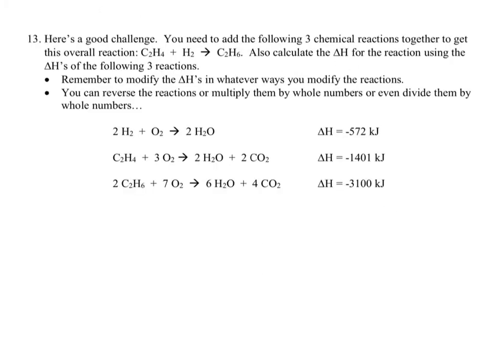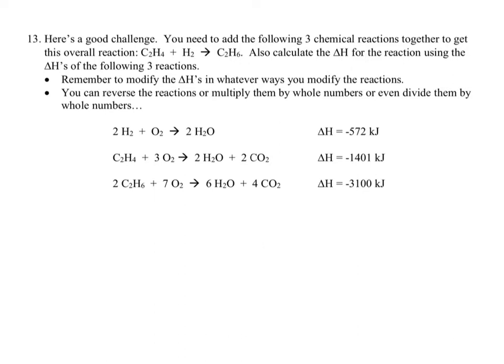So the last question on ChemQuest 78 was this challenge question. You need to add the following three reactions together to get this overall reaction: C2H4 plus H2 goes to C2H6. We want to calculate the delta H for the reaction using the delta H's of the following three reactions.